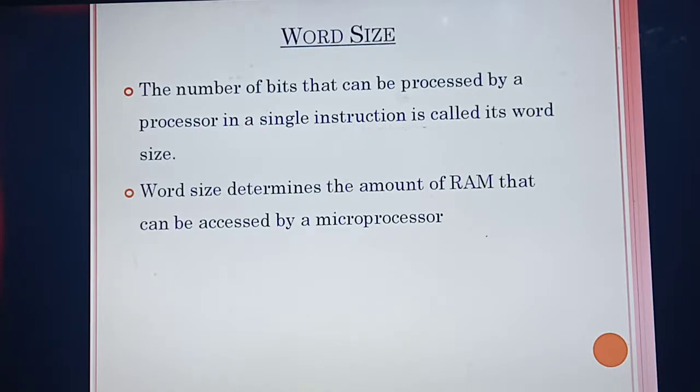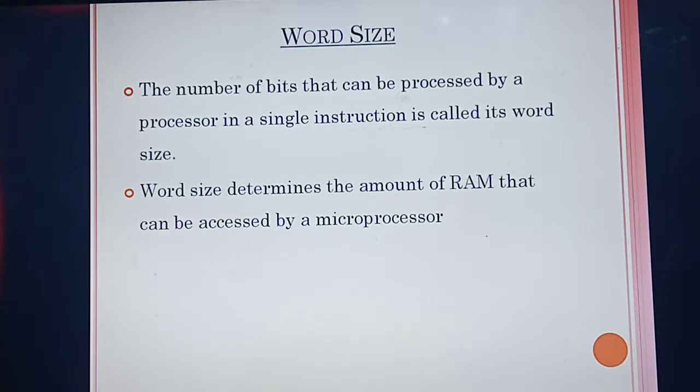For example, your RAM capacity is 4 GB. Based on this word size, it will determine how much data you need to take from the RAM for executing the particular instruction. Understood word size?